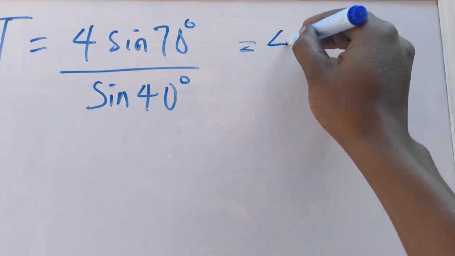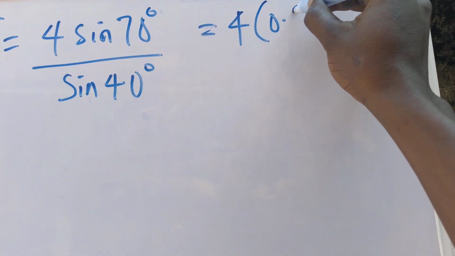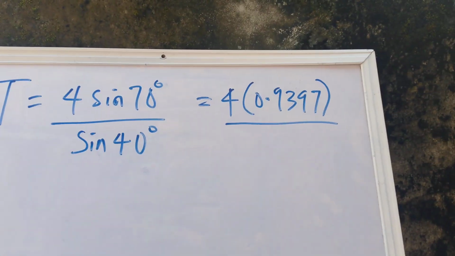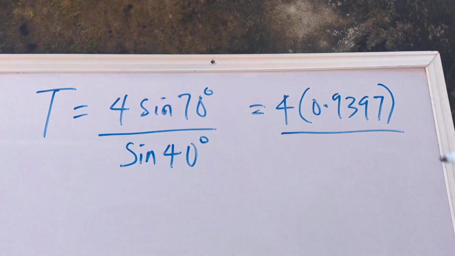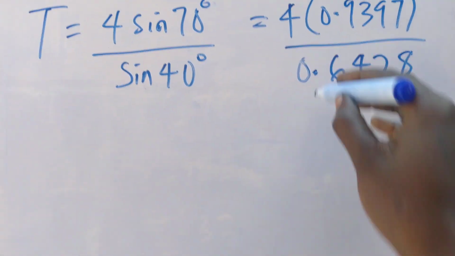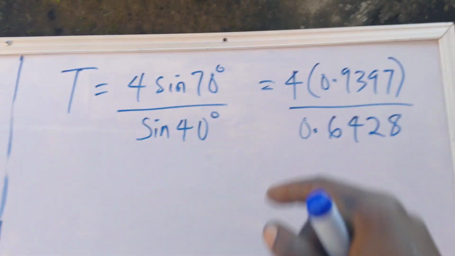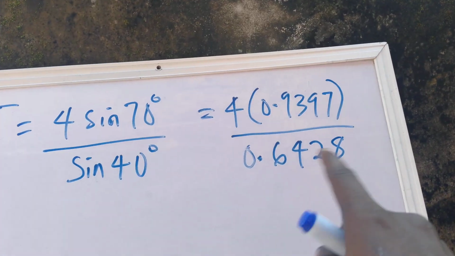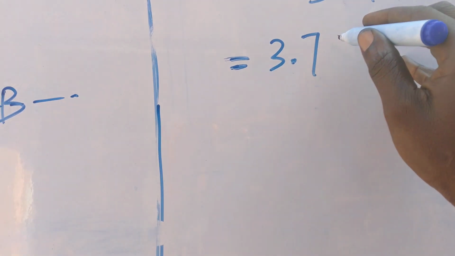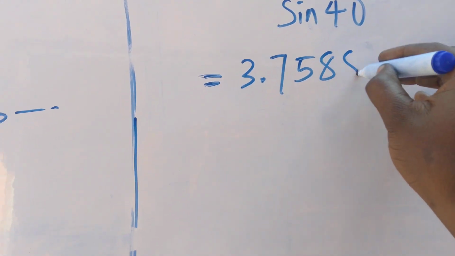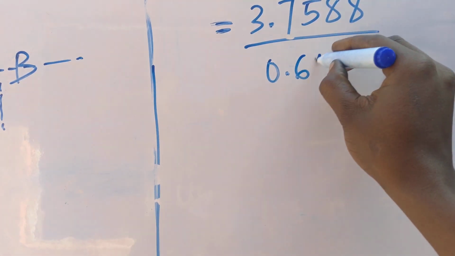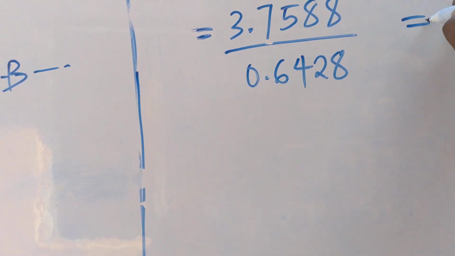So this equals 4 times 0.9397 divided by sine 40, which is 0.6428. I multiply 4 times 0.9397 and I have 3.7588, divided by 0.6428.